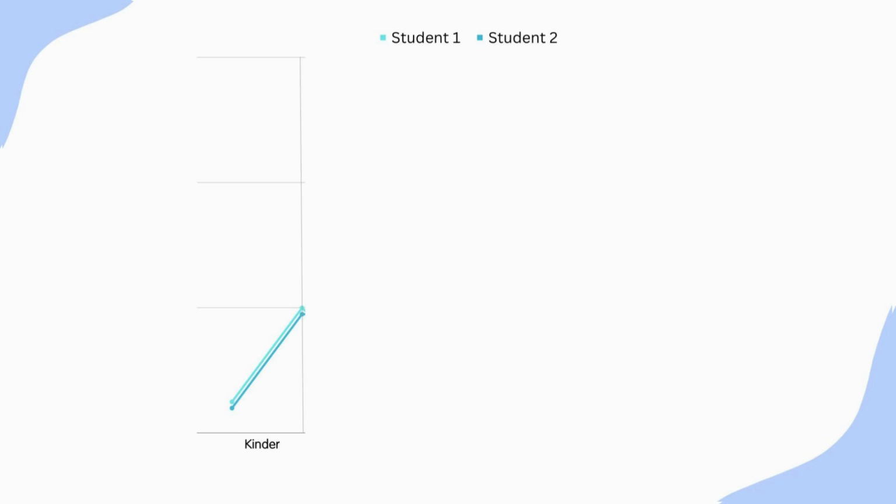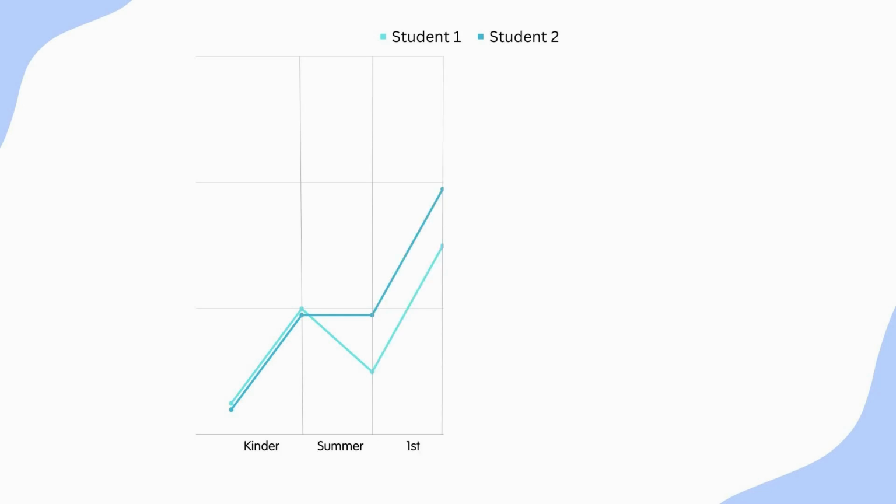Let's say two students started kinder at the same point academically and finished the year both learning about a year's worth of content and growth. Then student one lost the typical 40% of what they have gained, but student two was able to maintain over the summer. Now, starting in first grade, they are at very different points, but both gain about a year's growth in first grade.